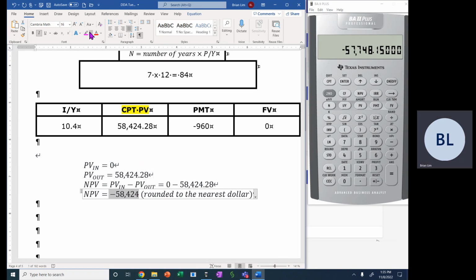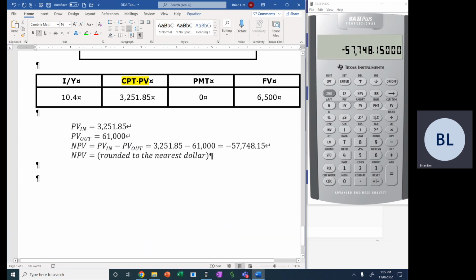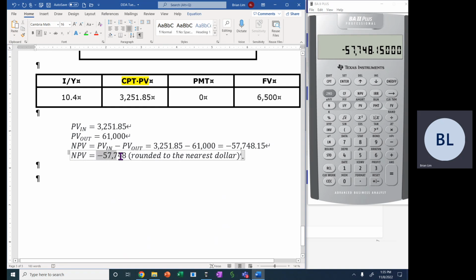All right, so let's put that in green. That number is 58,424. This number here is what? Well, a negative 57748.